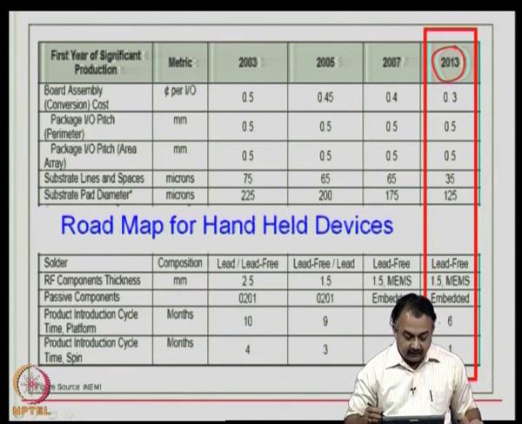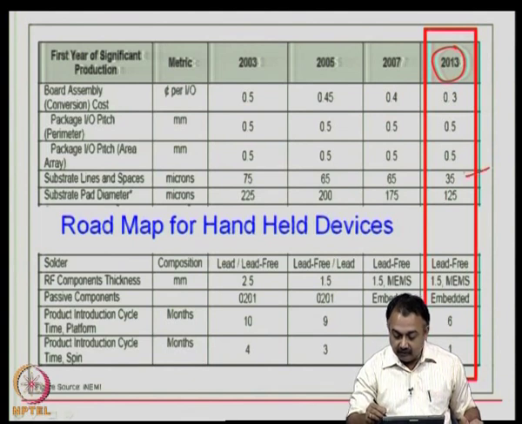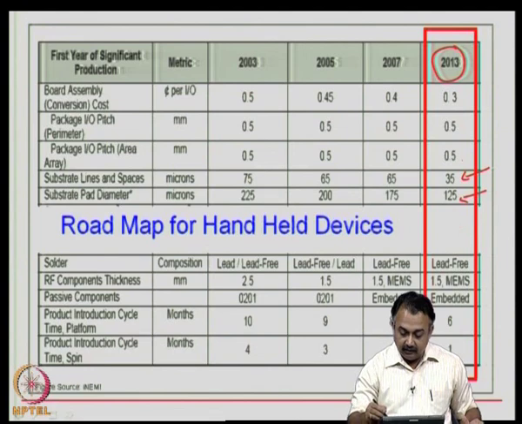If you look at substrate line and spaces, typically we have to work at around 35 microns, substrate pad diameter is 125 microns, package I/O pitch for area array is 0.5 mm.